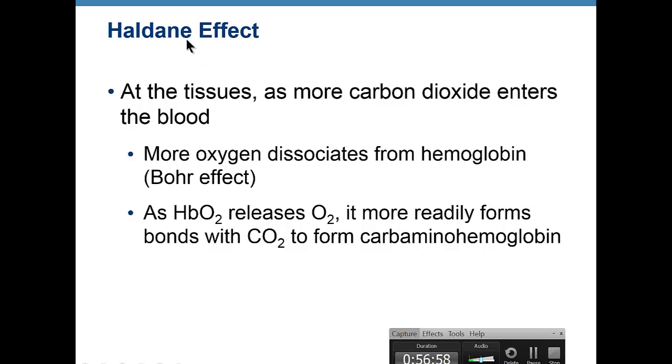And the Haldane effect just says, as my buses unload, the buses load with carbon dioxide. So as I release the oxygen from hemoglobin, I'm binding more carbon dioxide to hemoglobin. And that's the Haldane effect. So Bohr effect is talking about acidity. Haldane effect is releasing oxygen.